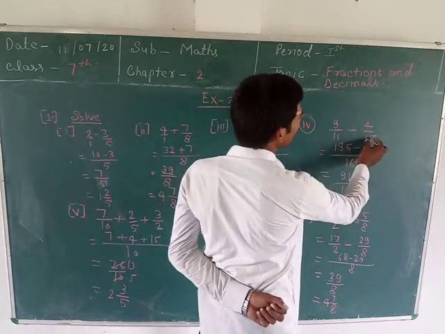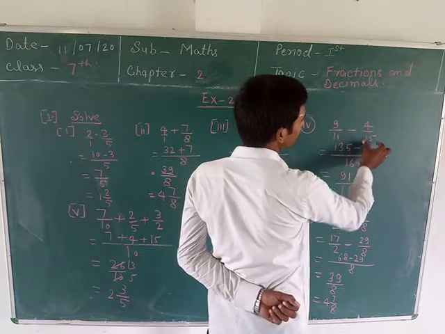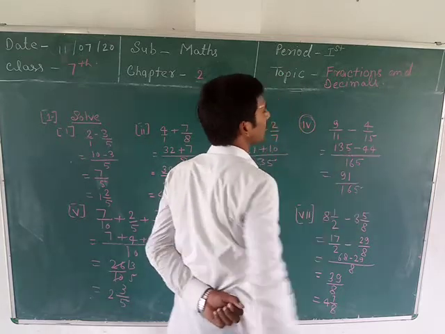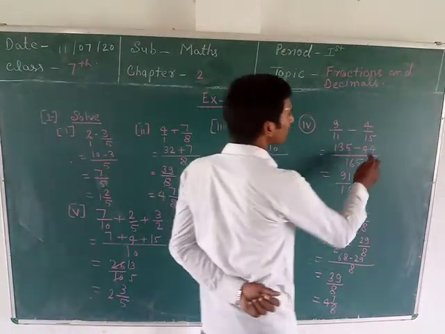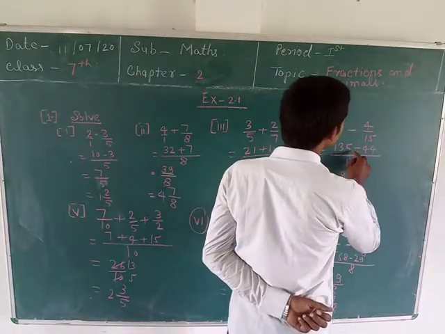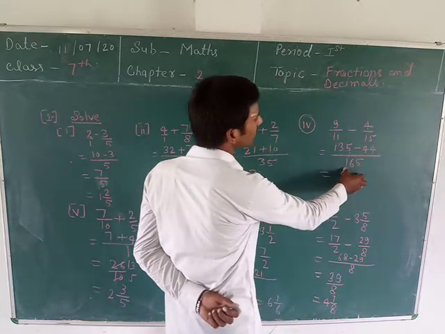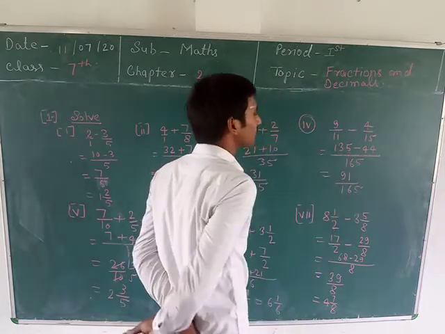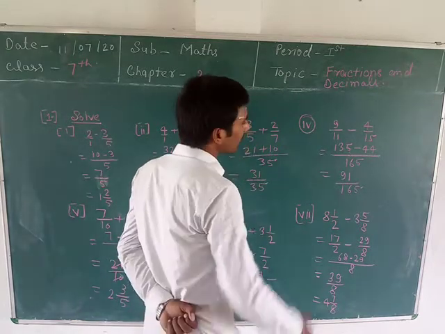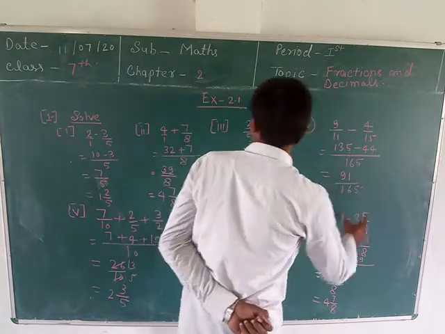Now when we divide 165 by 15, we get 11. When we multiply 11 by 4, we get 44, means 135 minus 44 upon 165. When we subtract 44 from 135, we get 91 upon 165.